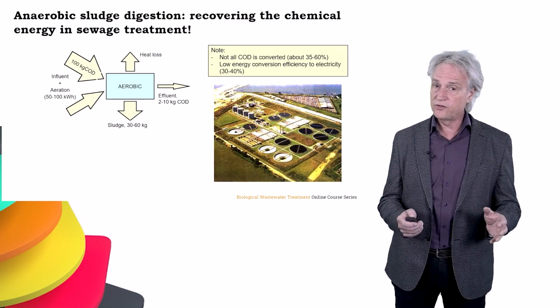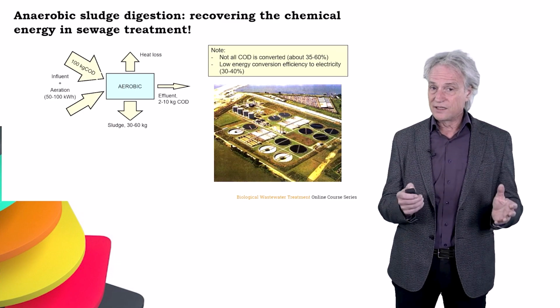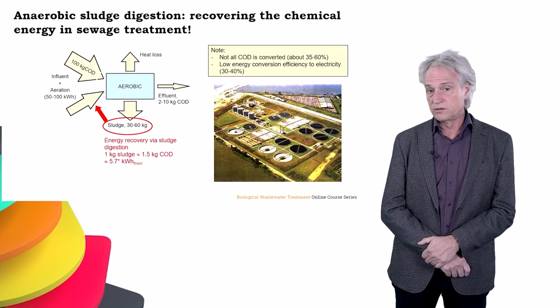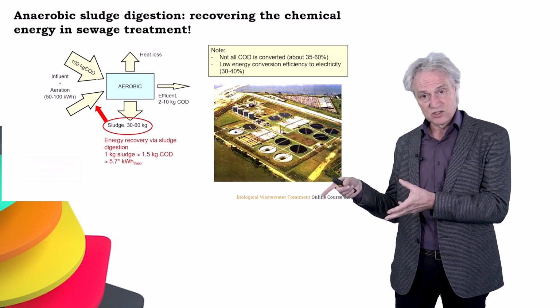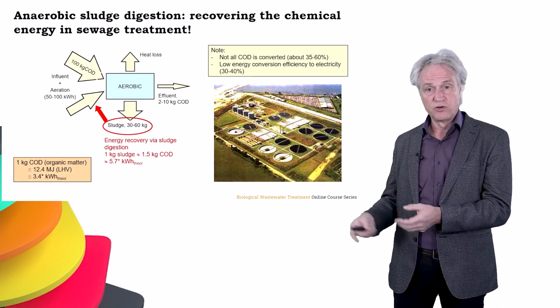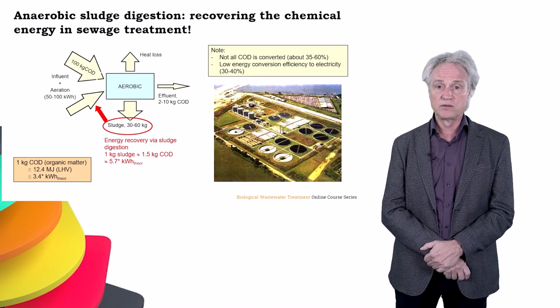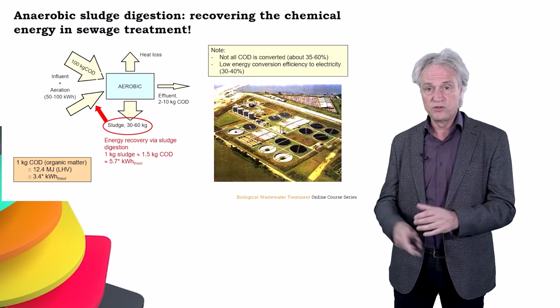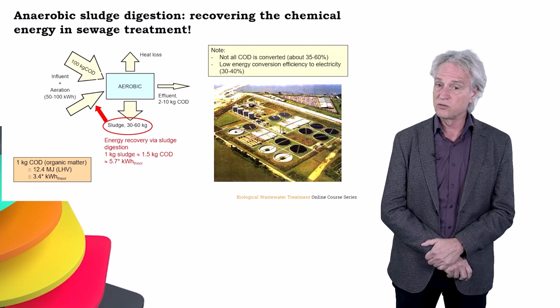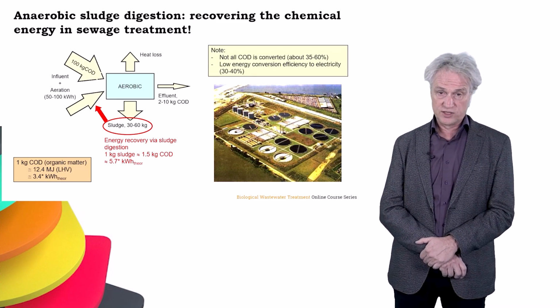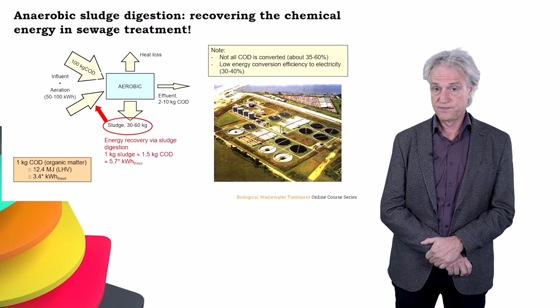It should be realized that not all the organic matter inside the sludge that we produced can be converted to methane, because that is what happens after the activated sludge plant. The sludge that is produced under aerobic conditions is converted using anaerobic digestion into methane gas.